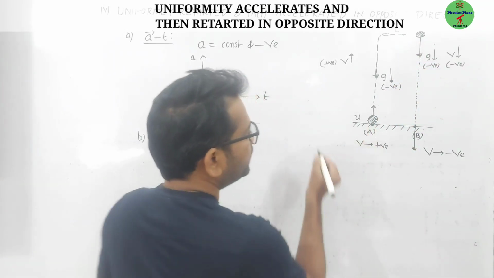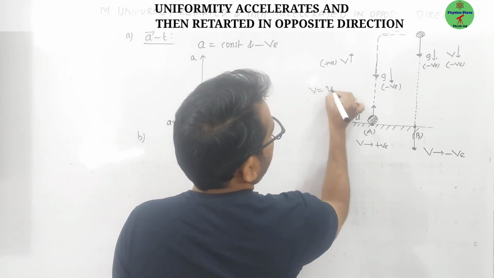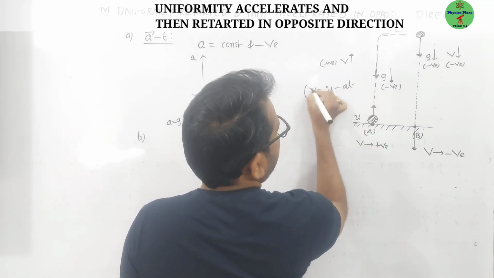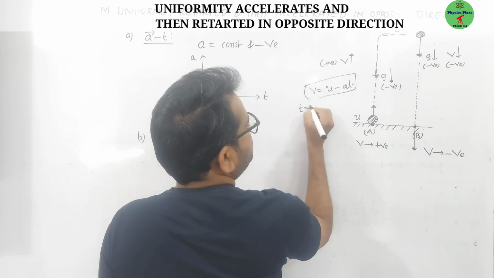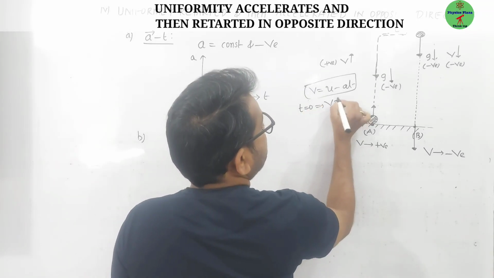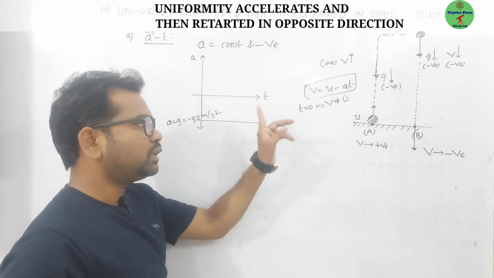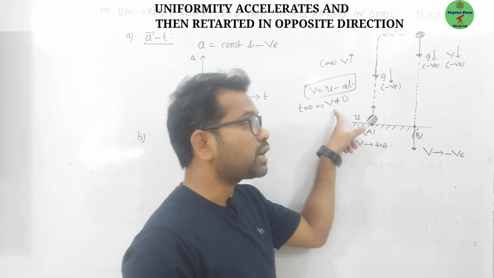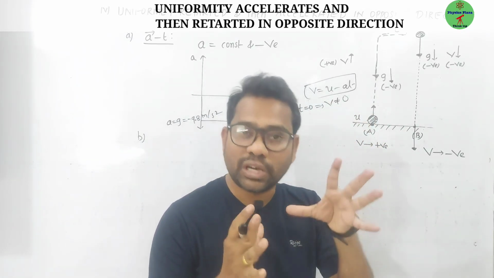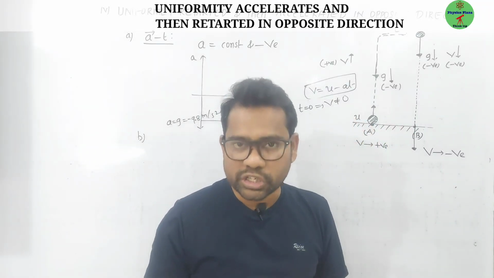In the upward direction, if you substitute t is equal to 0, v can never be 0. So whatever graph we obtain won't start from rest. It is a linear graph, a straight line, but it won't start from the origin.